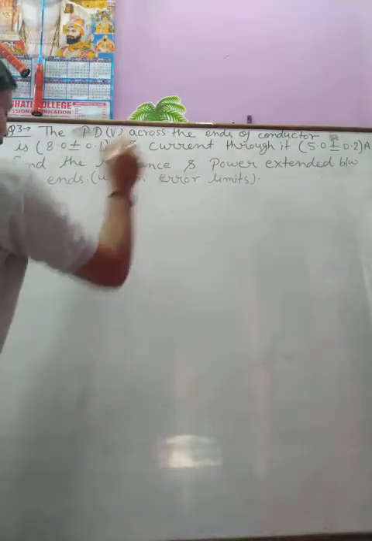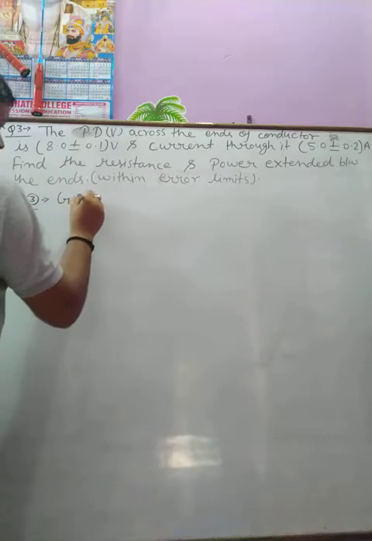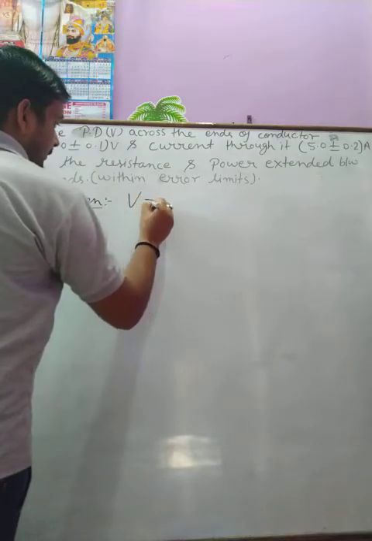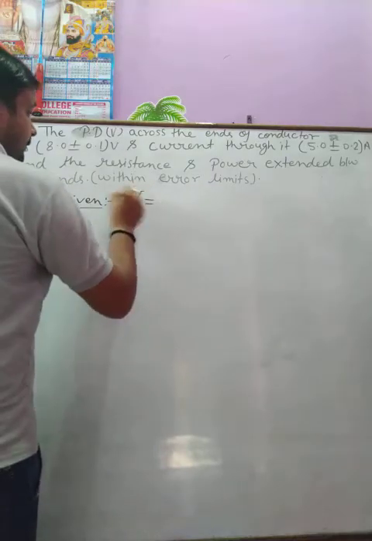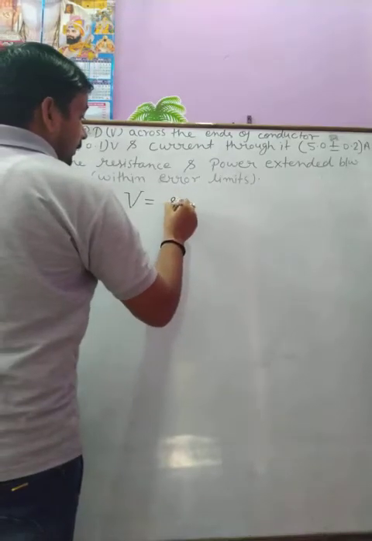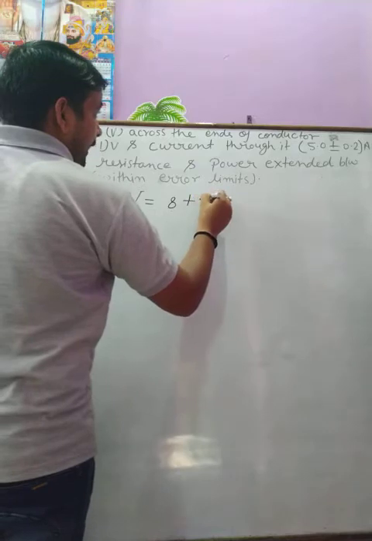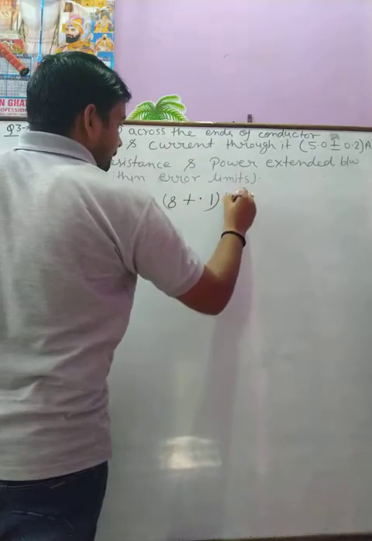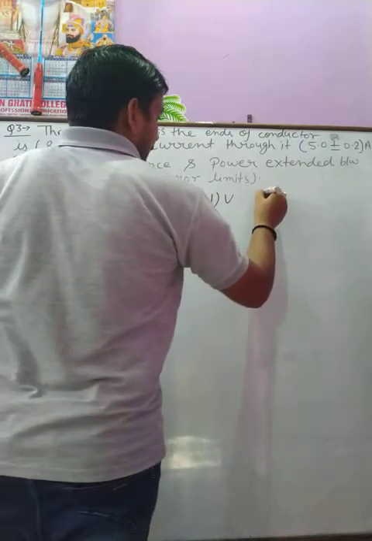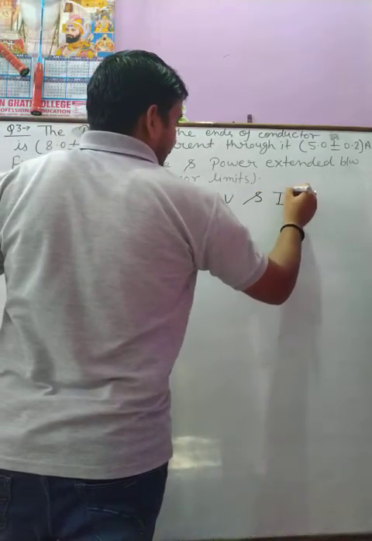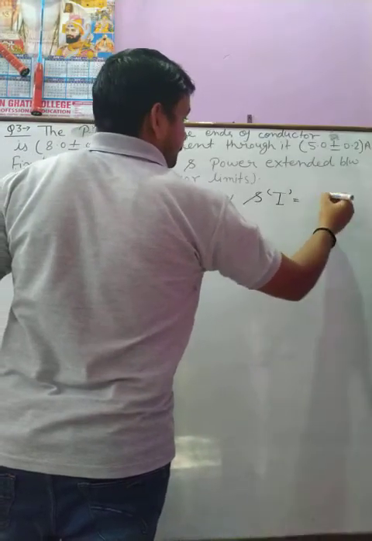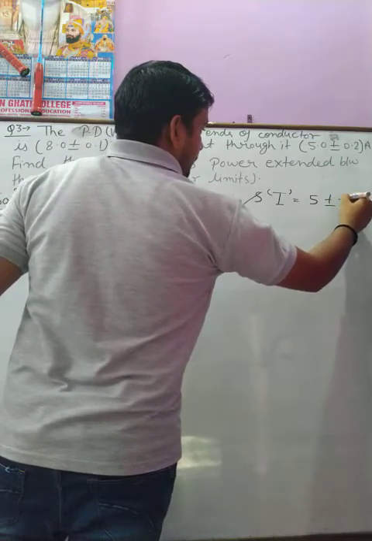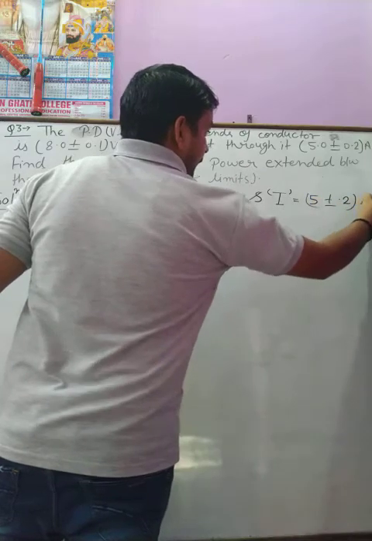Now student, we have given first the potential, which is 8 plus minus 0.1 volt, and second we have the current, that is 5 plus minus 0.2 ampere.